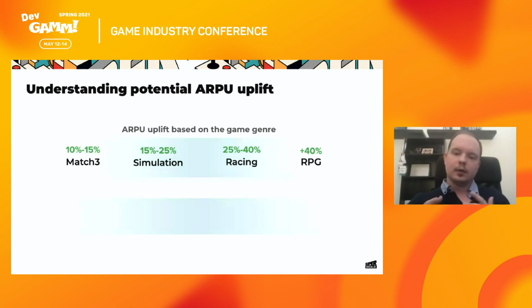Going from match 3, simulation, racing, to RPGs, you get more stuff to optimize because there are so many different segments of players that actually have their own journey. And through data science, you can automatically understand this and improve your offerings, the special offers. So as the game is more complex, you can expect that the potential of this kind of data science system is higher.